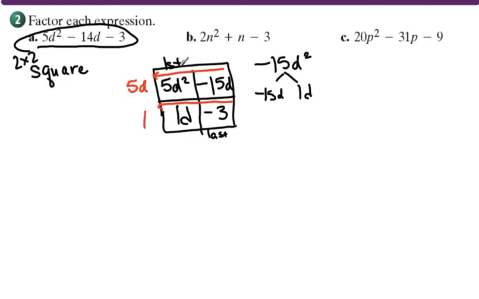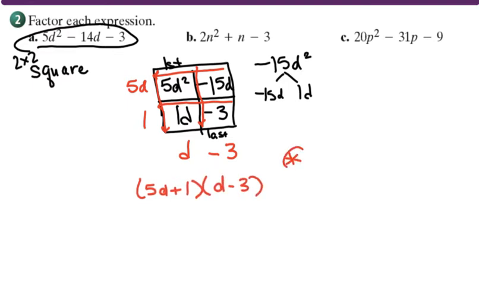Okay, so now we found it across. Now we need to go down. 5d squared and 1d. Well, that's just a d. Negative 15d and negative 3. Well, they're both negative, so I know I have a negative. 3 is a factor of 15, so negative 3. So my answer is 5d plus 1 times d minus 3.